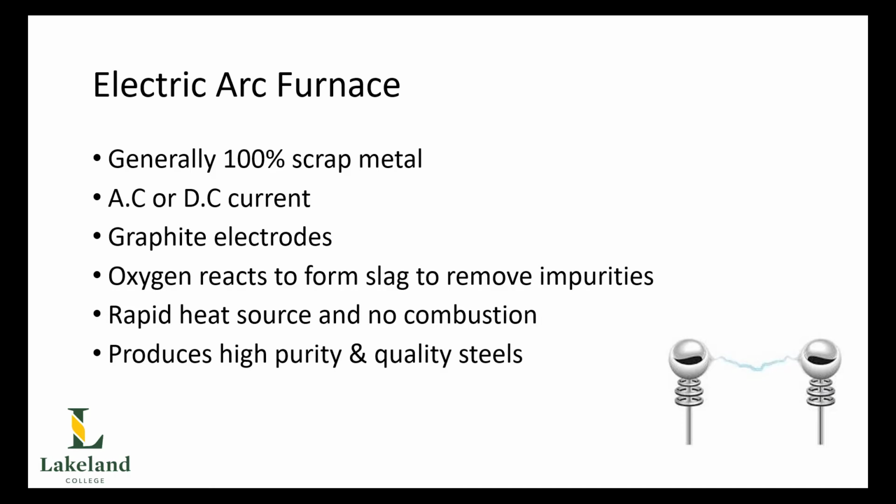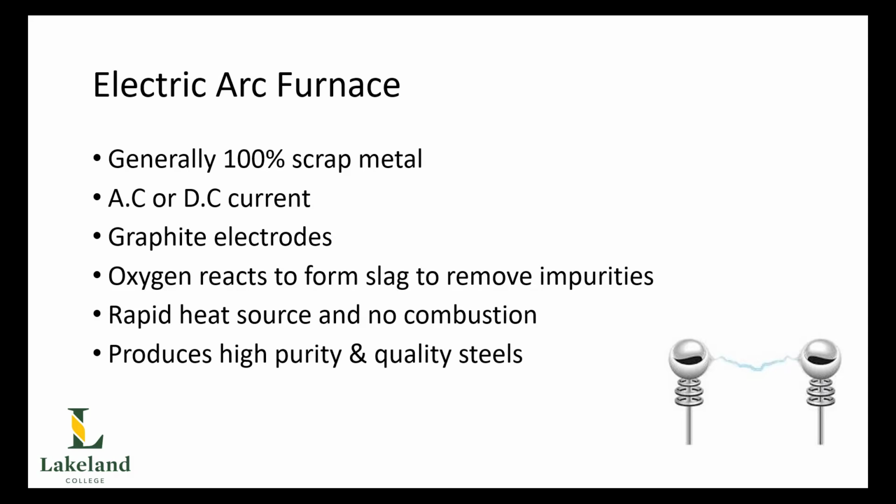Now the way in which this works is that it uses electricity conducted between three large graphite electrodes, and these are supplied by very large power transformers, and they use extremely high voltages and high power ratings. Large arc furnaces, for example, can be as high as 80 megawatts. That's an extreme amount of energy and power.